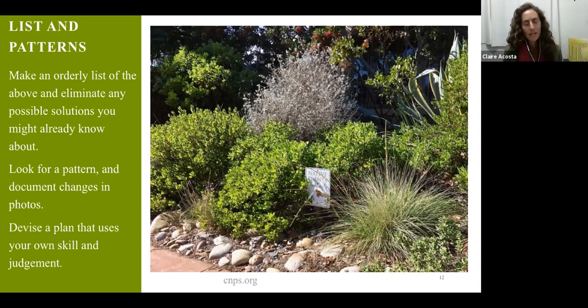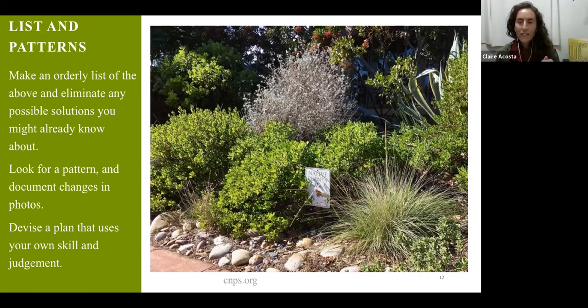And then, okay, so I'm talking about making a plan, right? So then you just list and look for patterns. This would be making your list of the issues that you've seen and where on the plant they are, but then also what the solutions are for those.